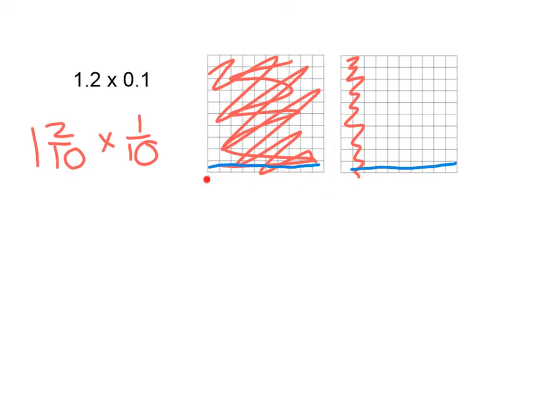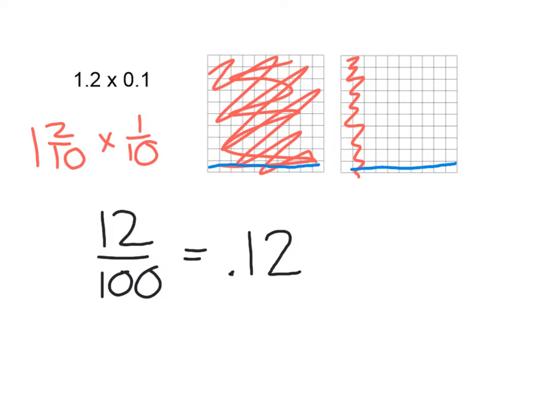We have 10 here, 11, 12 that are shaded by both. So that's 12 out of 100, or 12 hundredths. 1 in the tenths place, 2 in the hundredths place. So 1 and 2/10 times 1/10 is 12 hundredths.